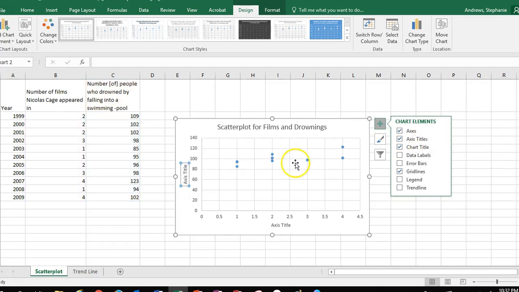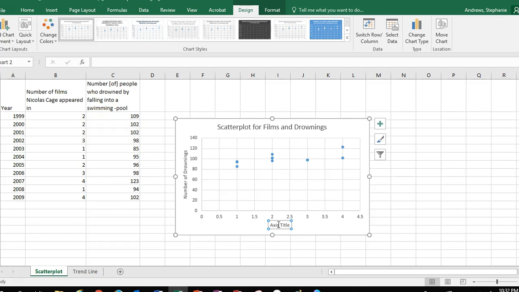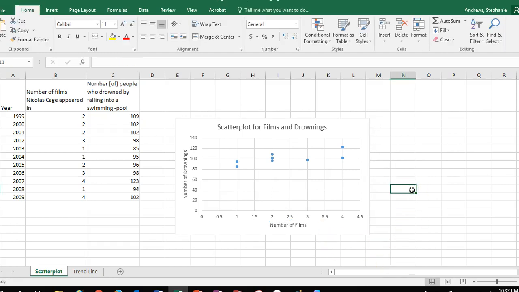We'll go with axes titles, and over here on the vertical, the number of drownings. And on the horizontal, let's do number of films. So this looks much better.